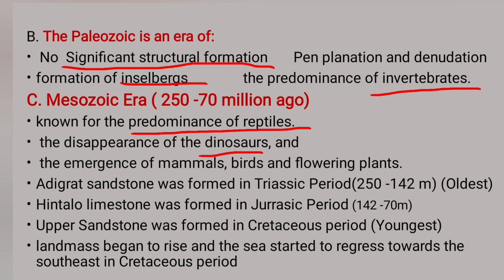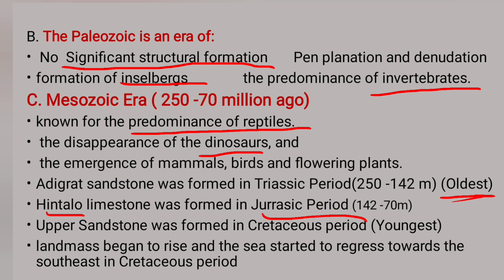This rock, the Adigrat sandstone, is the oldest sedimentary rock. The second, the middle limestone, known as Antalo limestone, was formed in the Jurassic period, between 142 to 70 million years ago.